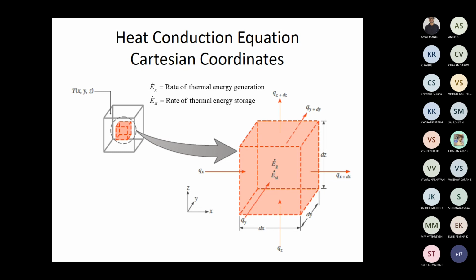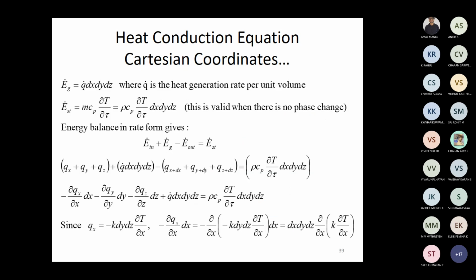Using this, we have framed some equations. The fundamental equation that we have used is this one. This is Fourier's law of heat conduction in the x direction, and we have evaluated the amount of heat conducted on the left face in the x direction, and evaluated the amount of heat leaving on the right face, and when we subtract, we will have a term left.